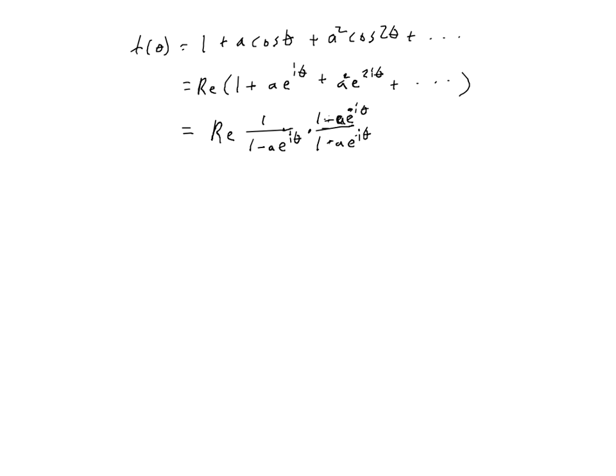I'm just talking about how to rationalize the denominator. So this way, when you multiply it out, you've got 1 times 1. The middle terms are going to cancel out because you have an opposite sign. And then, oh sorry, yeah, they are. Because they're going to add together to give you a cosine. So this is going to be like the real part of 1 minus a e to the minus i theta divided by 1, and then you have a e to the minus i theta, a e to the plus i theta.